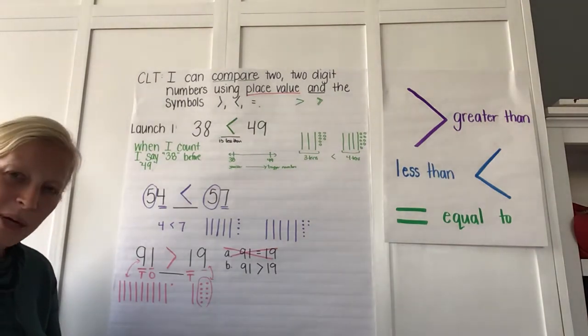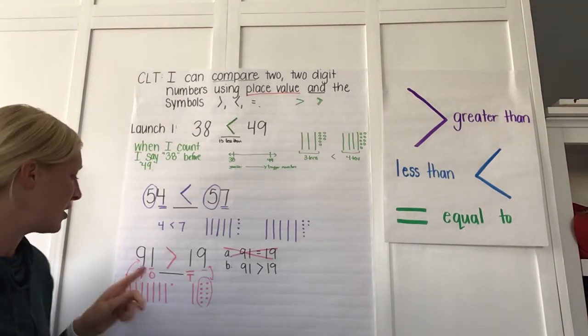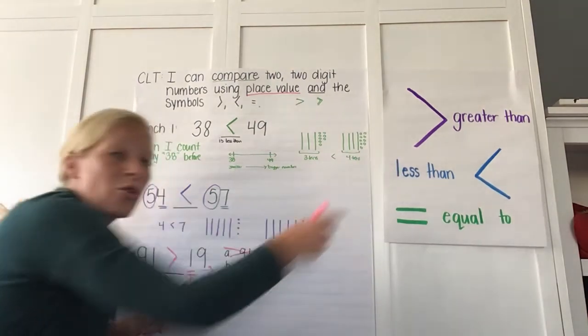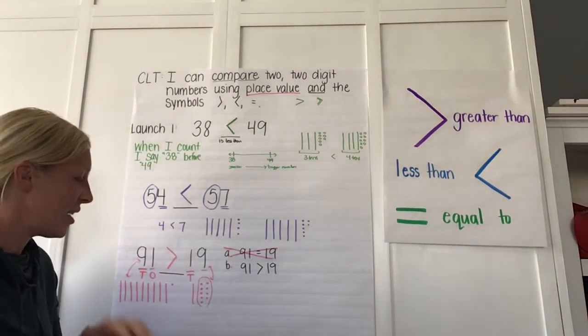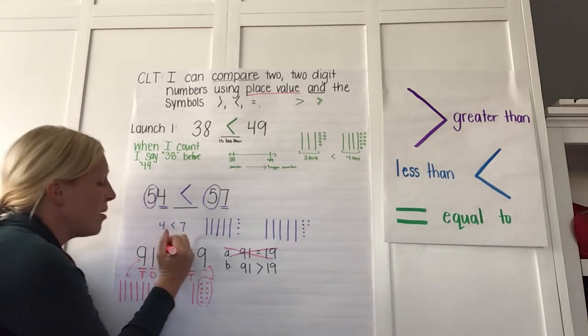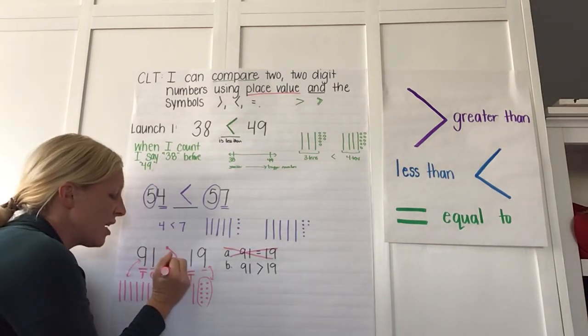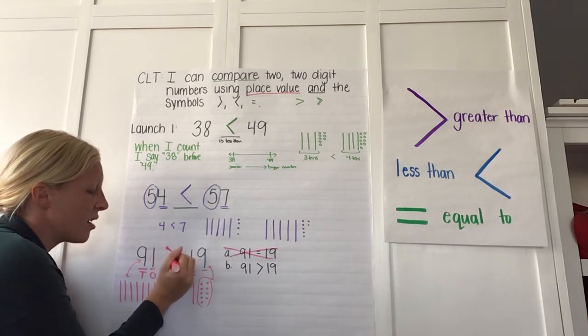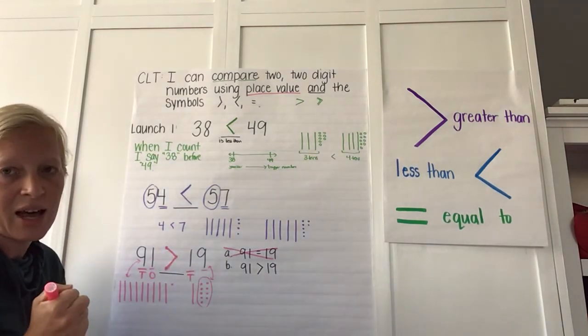So how do we read this number sentence? 91 is greater than 19. And some of us remember that we're putting 2 dots here because it's bigger, 1 dot here, and then you can join those dots up.